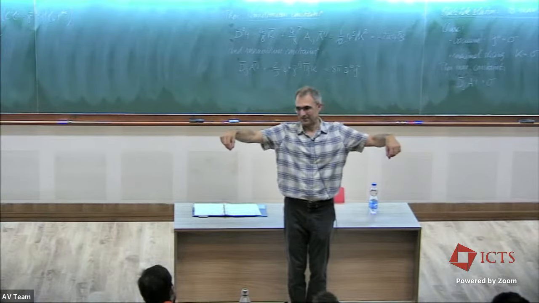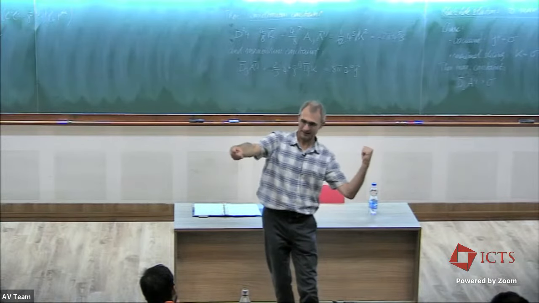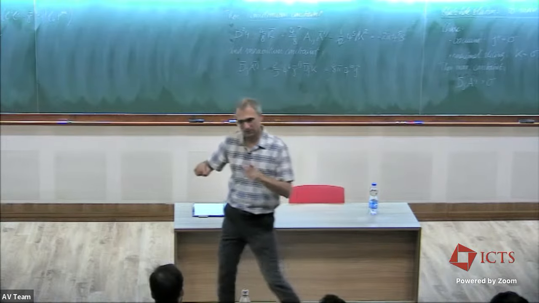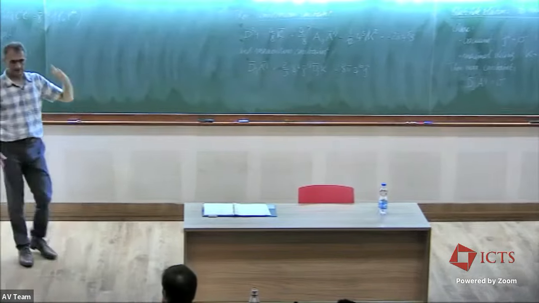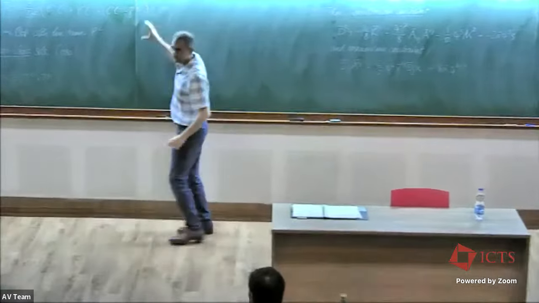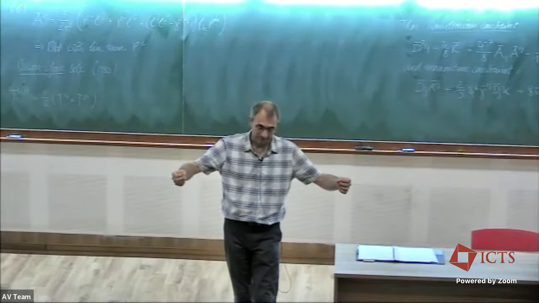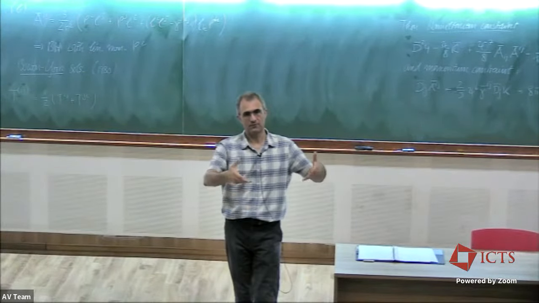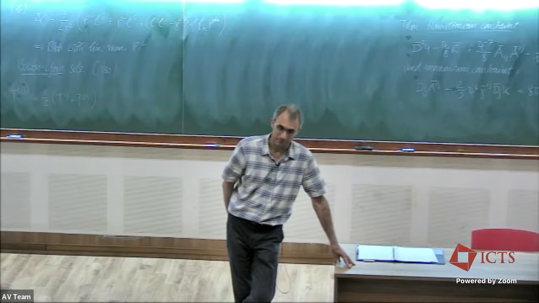But if it's a binary, then one should have a momentum in the positive y direction and the other in the negative direction. So you could place these two black holes at these two locations, but now you endow one of the black holes with a linear momentum p in the positive y direction, and the other black hole with a linear momentum p that goes in the negative direction. And by then using a superposition of these two, you would have solved the momentum constraint for this black hole binary. So you could use that, for example, for initial data for a numerical simulation of binary in-spiral, and that is exactly what people do.